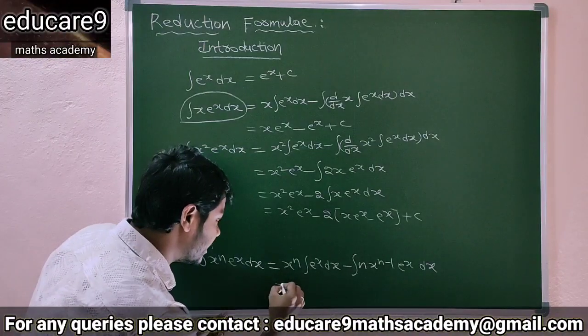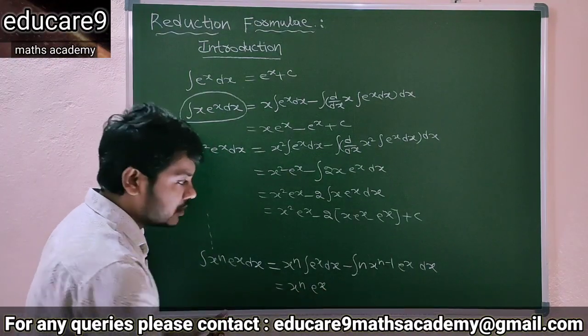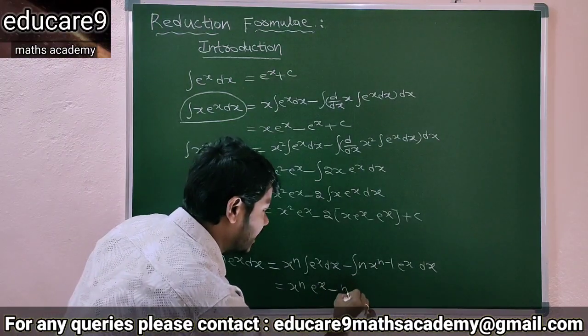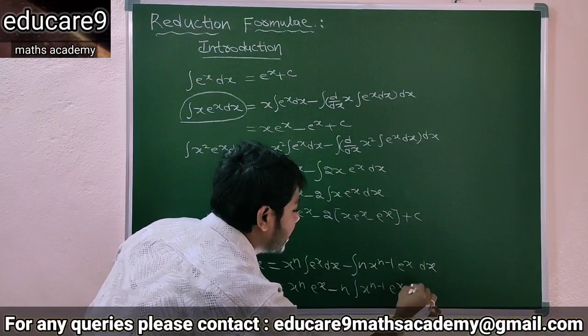So this can be written as x to the power of n e power x, next minus n into integration of x to the power of n minus 1 e power x dx.